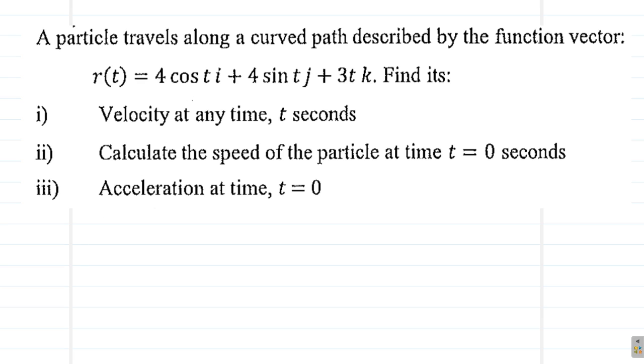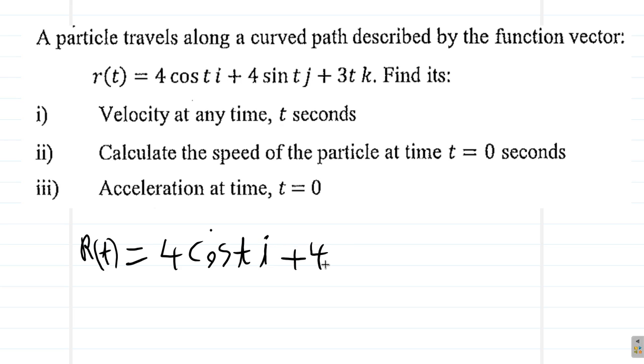Now, let's write this down. You have r of t equal to 4 cos t, so let me rewrite that: 4 cos t i plus 4 sin t j plus 3t k.